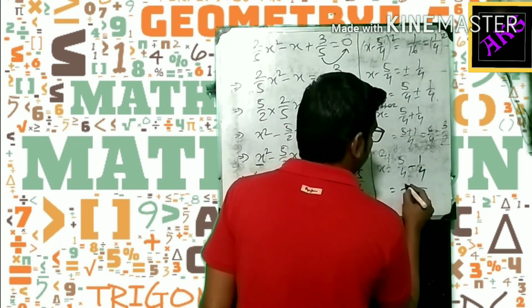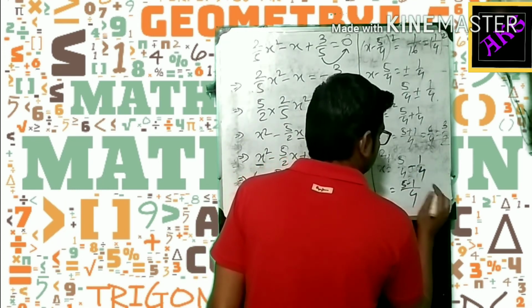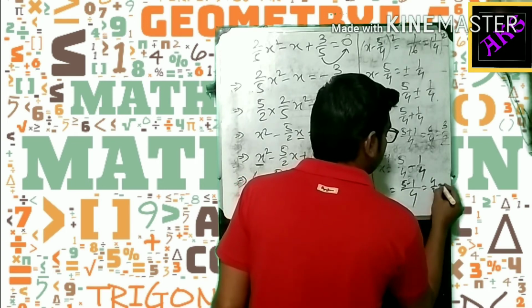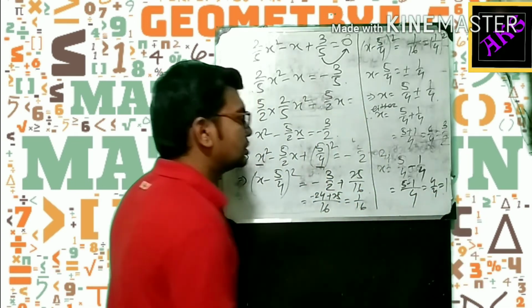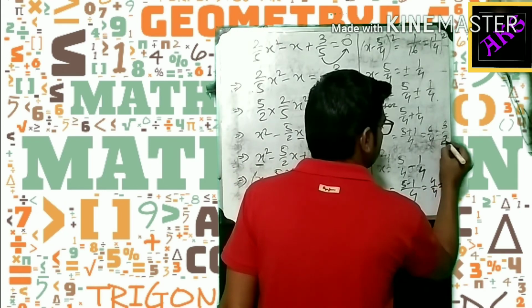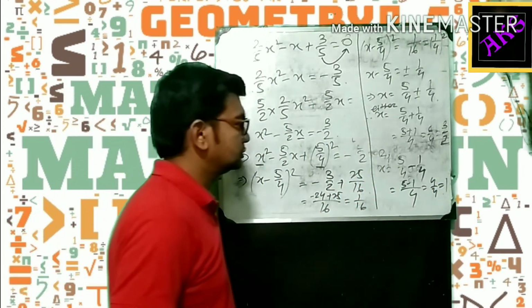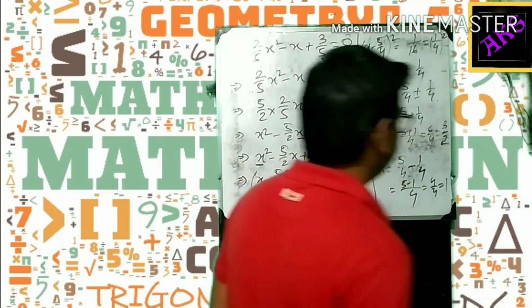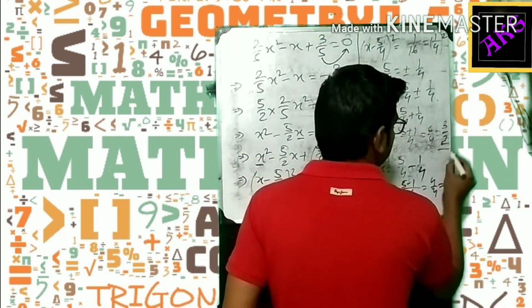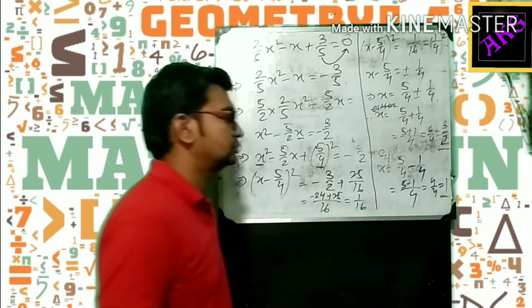That gives us 5 minus 1 over 4, that means 4 by 4, that equals 1. So our solution is 3 by 2 or 1.